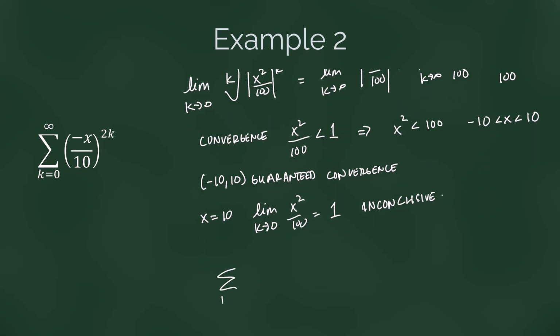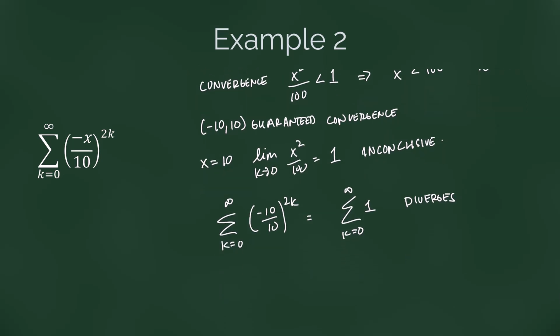Then it becomes the sum from k equals 0 to infinity of negative 10 over 10 to the 2k, which is just the sum from k equals 0 to infinity of 1, which definitely diverges. An infinite number of ones being added up will not converge.